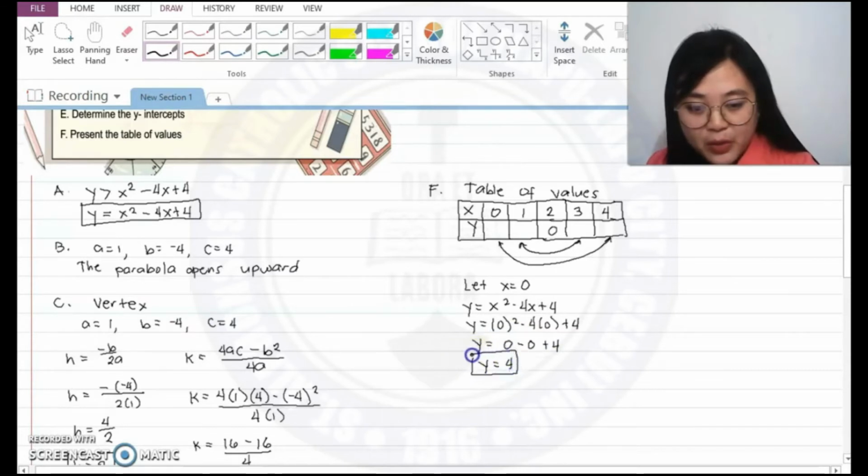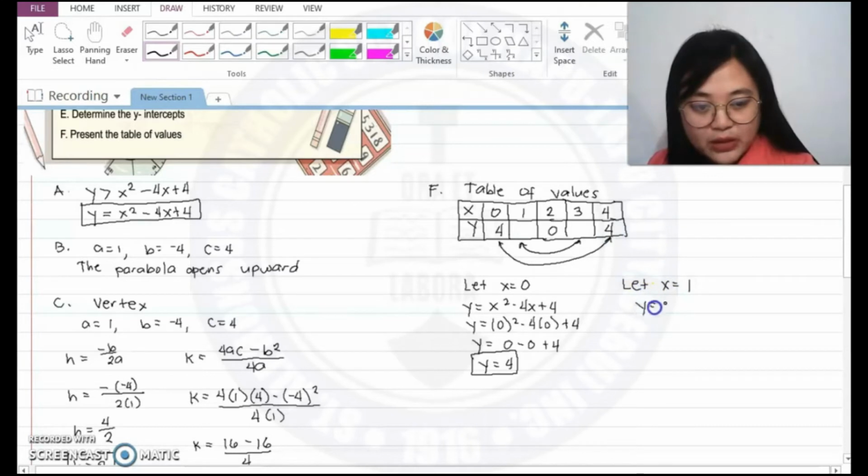So our y here is 4, and the symmetrical point of this ordered pair is here, so it's also 4 here. Next, let x be equal to 1.